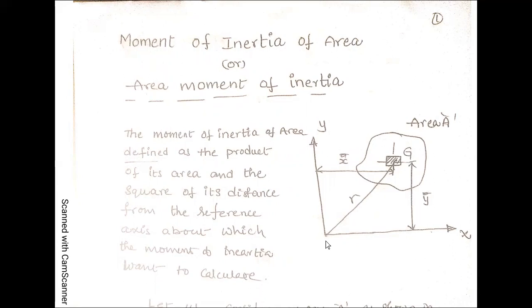Then the moment of inertia of this object about the x-axis is integral y square dA. Moment of inertia about the y-axis is integral x square dA. Moment of inertia about the z-axis is integral r square dA. This is a simple concept, right?